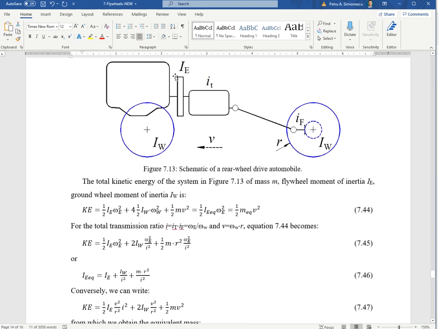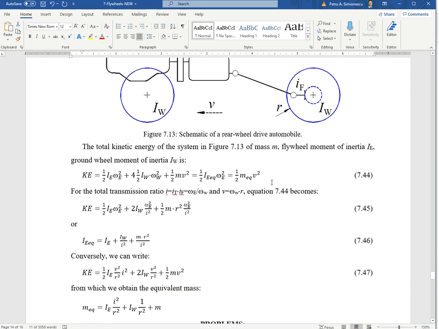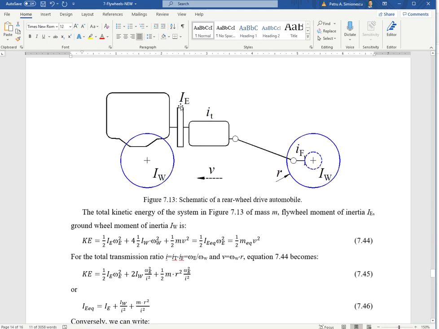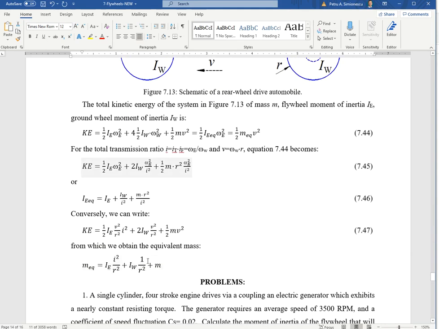If instead I take mass off the flywheel and see how it influences the equivalent effect upon the translating mass of the vehicle, you can see it is going to be the transmission ratio squared divided by the radius squared. So what we discussed earlier, reducing the inertia of the engine flywheel, is equivalent to taking this much equivalent mass off the vehicle.